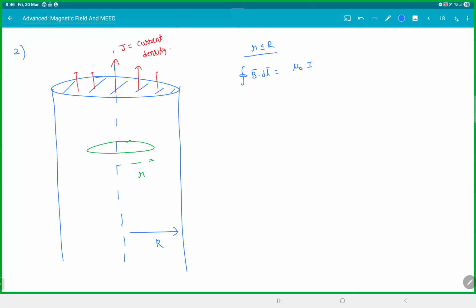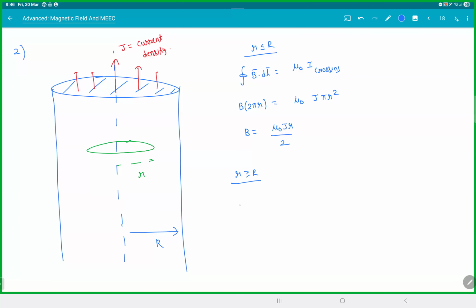Displacement current comes when you have a time varying electric field. So this is the I crossing in this case. So B into 2 pi small r is equal to mu naught into J into pi r square. So B is mu naught J r by 2. This is your magnetic field inside.